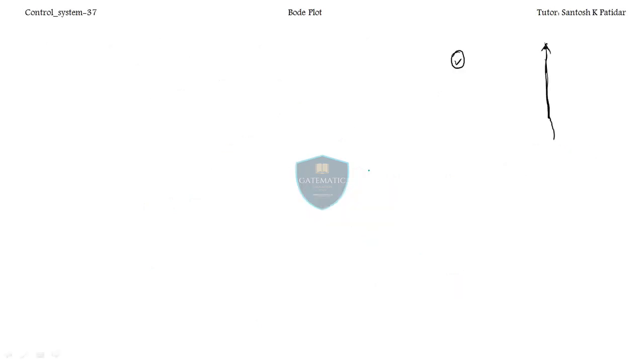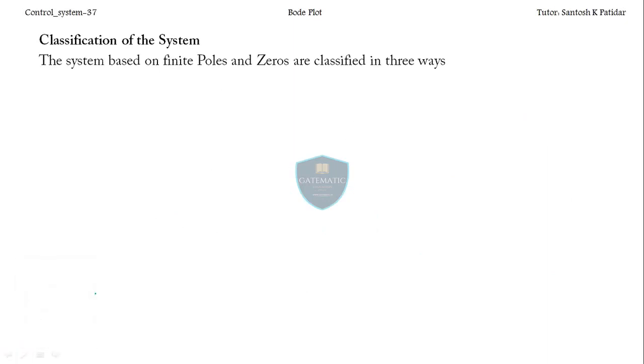Okay, now let's come to the classification of the system. The classification of systems based on the finite poles and zeros is in three ways. The first one is the minimum phase system.